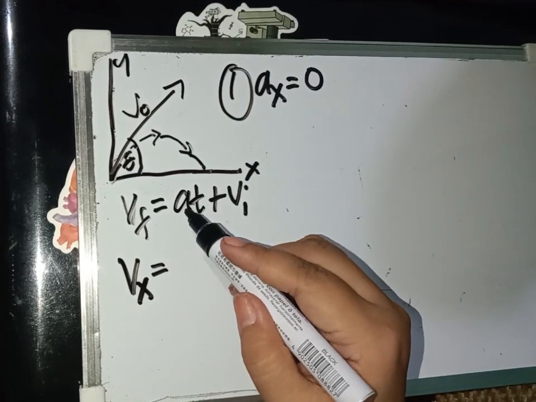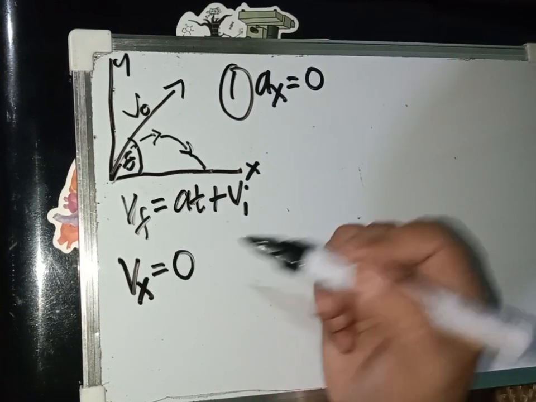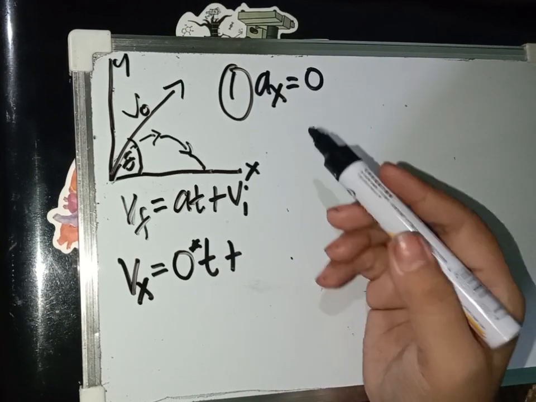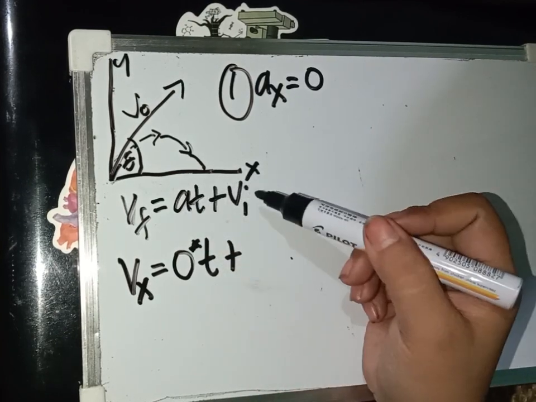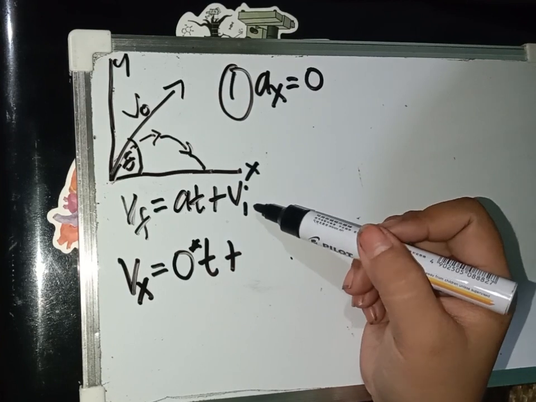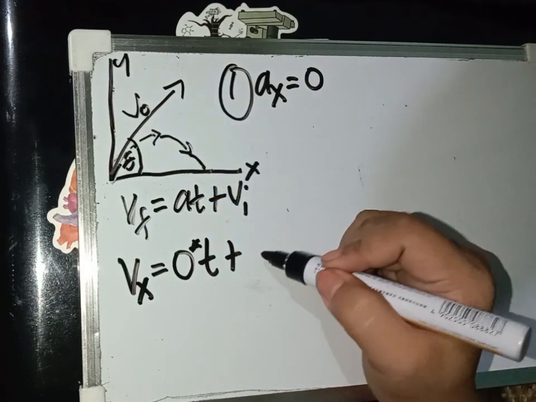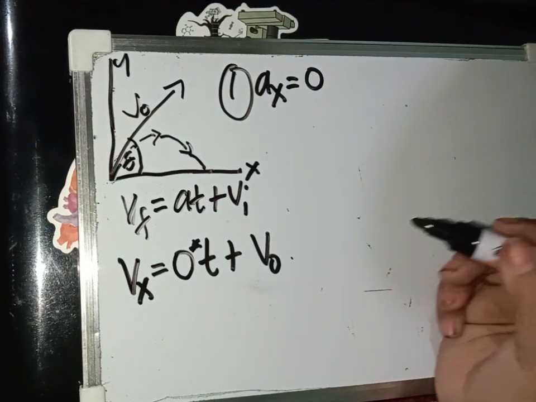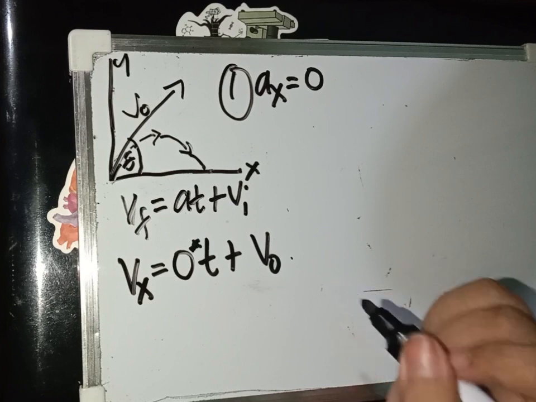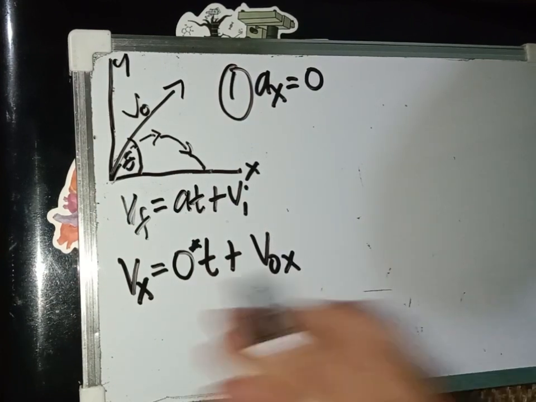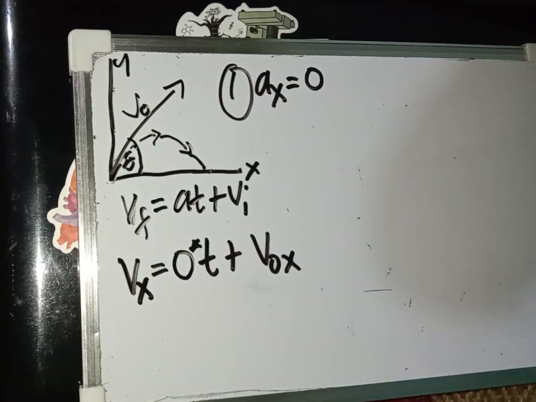Meaning to say, the acceleration at the x component, 0, is multiplied by time, plus the initial velocity at the x component. The equivalent variable of initial velocity based on our projectile graph is v naught or v sub o. And let us give this an identity of the x component: v naught of x, or initial velocity of the x. That is what we mean by that.